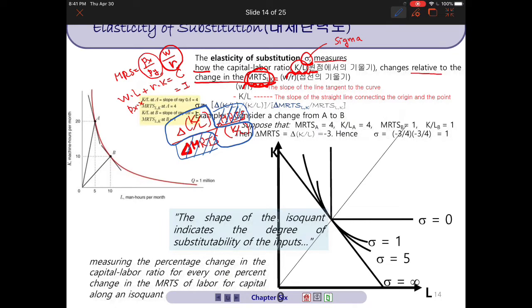So basically, every time MRTS makes a small change, how does the capital-labor ratio respond? As I said, for the elasticity concept, for every percentage change in the capital-labor ratio, what percentage change happens in MRTS? And that is written right here.